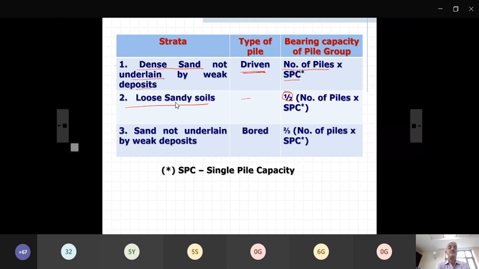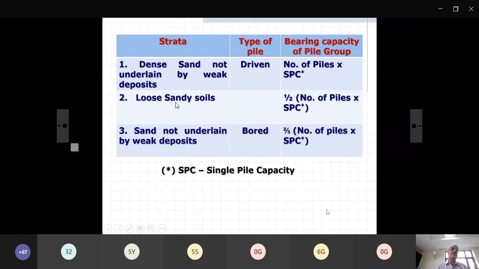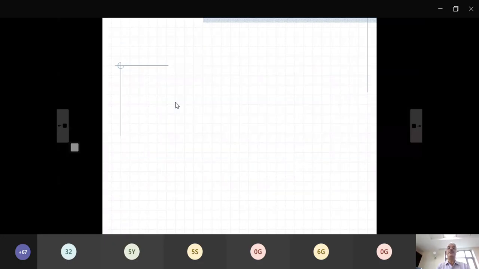And again, for sand not underlain by weak deposits, if it is a bored pile, then this factor is 2/3. So people take the efficiency factor as 2/3 to half, or maybe 100%, though 100% is rarely taken. That is the capacity of an individual pile versus the capacity of the pile group. Again, as I told you, when important jobs are there, nowadays people do numerical modeling, and then do its verification and validation at the site by pile load test.